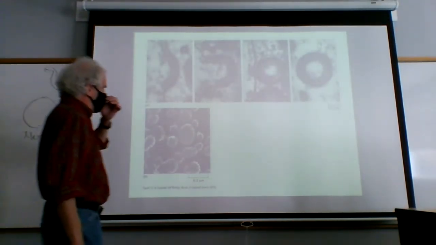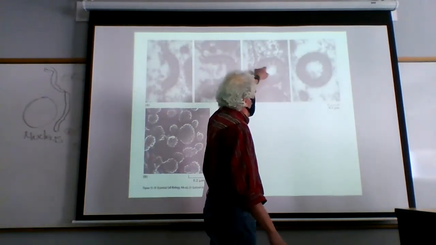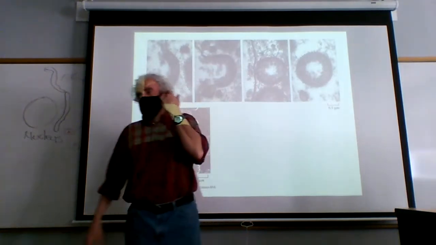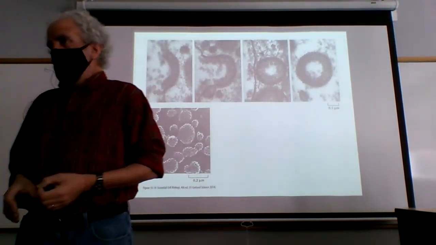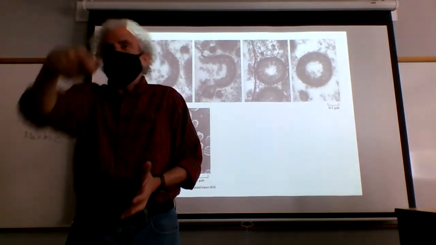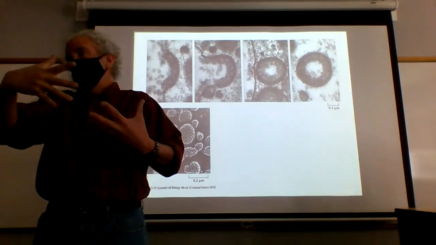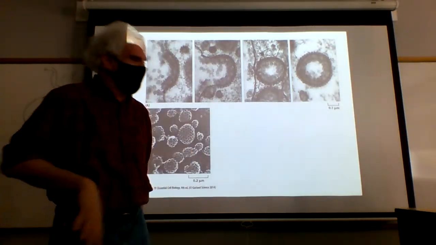So here is the coated pit. It gets pinched in, and you make a little vesicle. So it's a little bit like if you've ever played with a camping tent, in which you've got the poles that you have the tent as a flat surface. You start sticking those poles in the sleeves, that is essentially the clathrin, and you can begin bending it, and you make a three-dimensional structure.